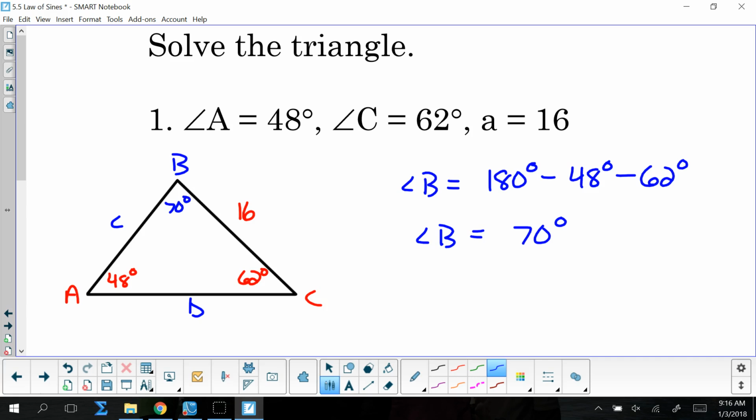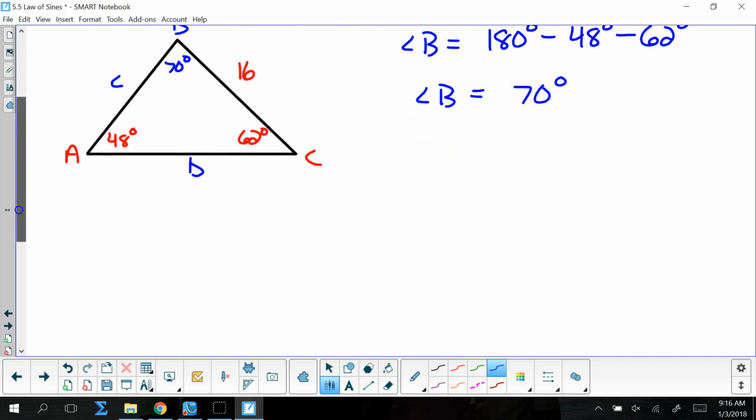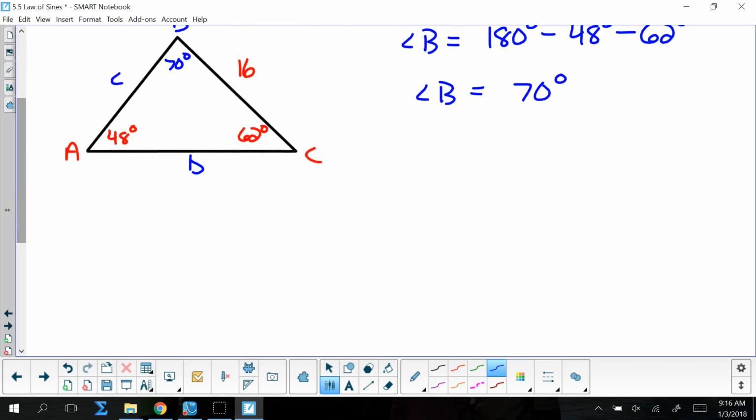Do I have a complete fraction for my law of sines? Meaning, do I have an angle and its opposite side? Yeah. Okay, I do. So I'm going to use that as, I call it, my control. That's what I'm going to start with.